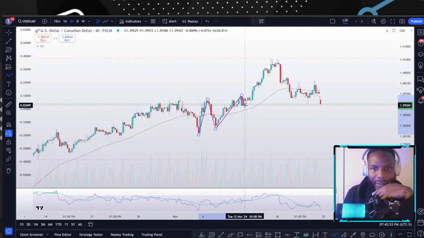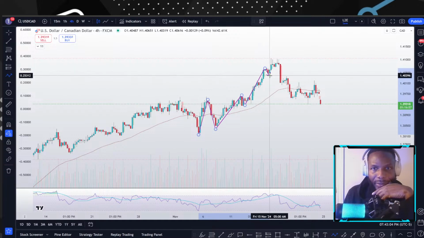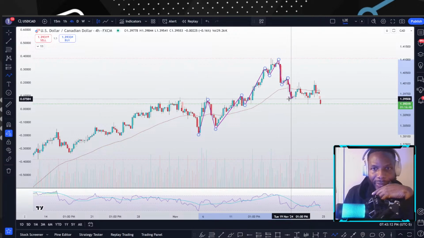I can count this. This area technically counts because there's 2 candlesticks. And then here, and then we break structure right here. Come down.